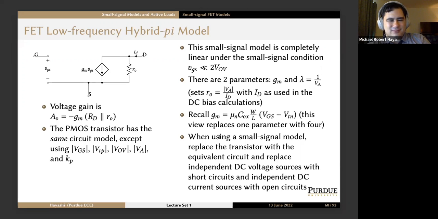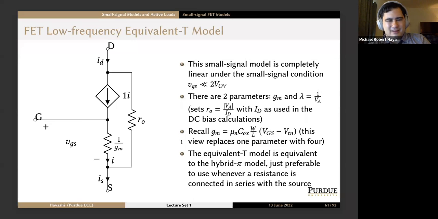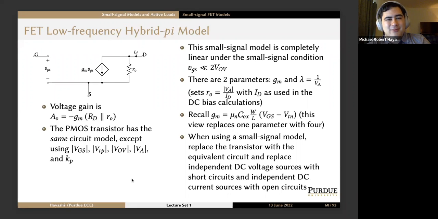And we talked about how, when making a small signal model, we use the transistor with its equivalent circuit, replace independent DC voltage sources with short circuits, usually short circuits to ground, and independent DC current sources with open circuits. Then we have the low frequency equivalent T model, which has the exact same information as the hybrid pi model. It's just a little bit easier to use sometimes when a resistance is connected in series with the source external to the MOSFET. If you don't like the equivalent T model, you don't have to use it. Everything is equivalent, so you can just use the hybrid pi model.